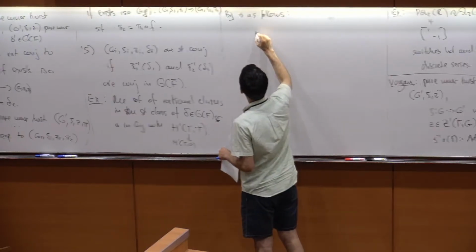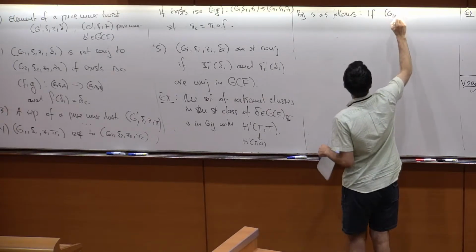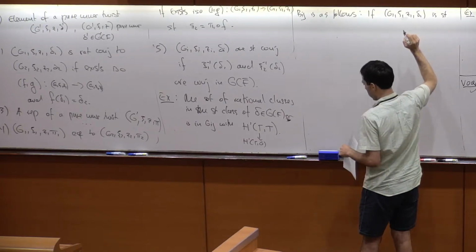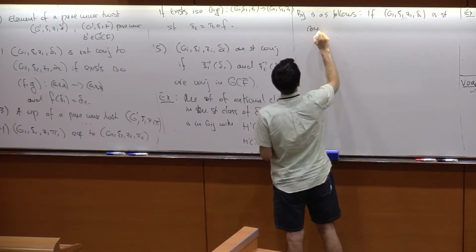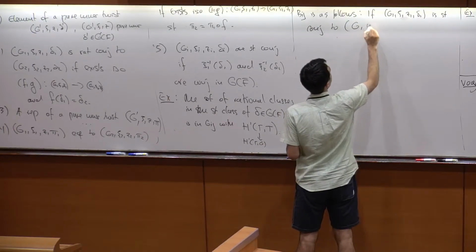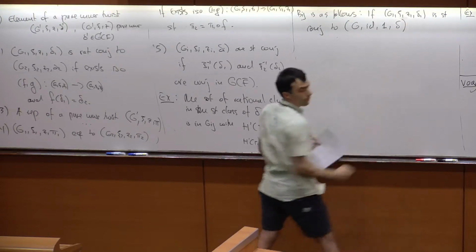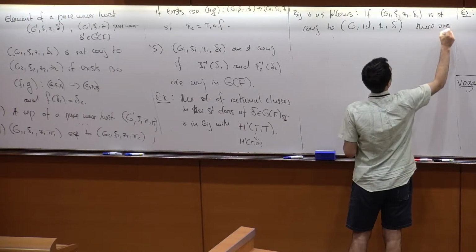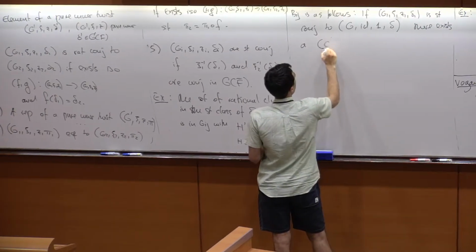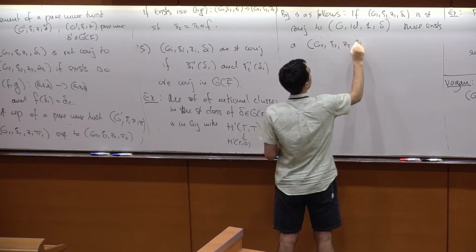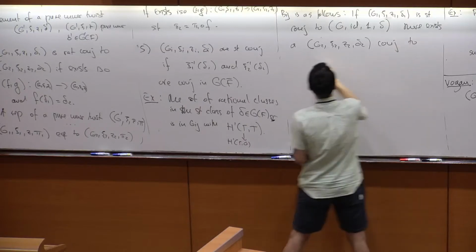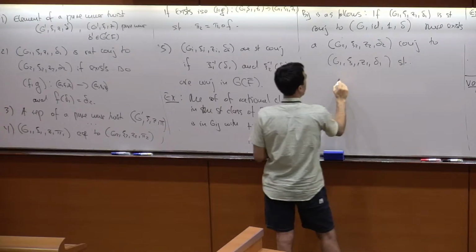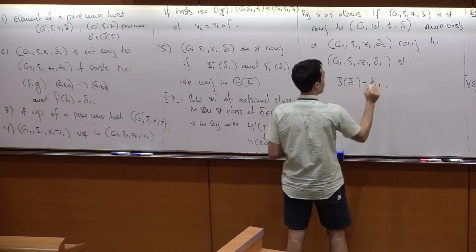If G1, psi1, Z1, delta 1 is stably conjugate to G, identity, 1, delta, this is the trivial pure inner twist, so there exists a G2, psi2, Z2, delta 2 conjugate to G1, psi1, Z1, delta 1, such that psi of delta is equal to delta 1.